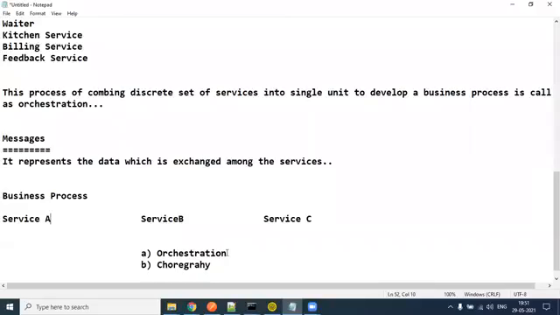So here service A will talk to service B and they will know about each other. Service B will talk to service C. So there also communication is happening, but the only difference is that in orchestration, there is a central unit which knows about all the services, but these services do not know about each other. Whereas when you are using the choreography model, these services interact with each other directly.